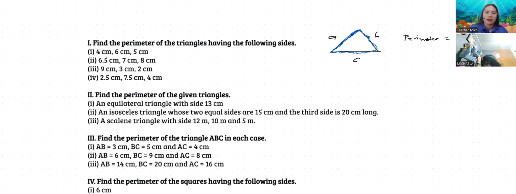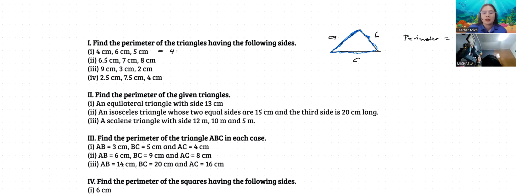So for example, anak, we have this one. One side of a triangle measures 4 centimeters. The other one is 6 centimeters. And the other one is 5 centimeters. How are we going to solve for the perimeter of the triangle? So we have here 4 plus 6 plus 5.